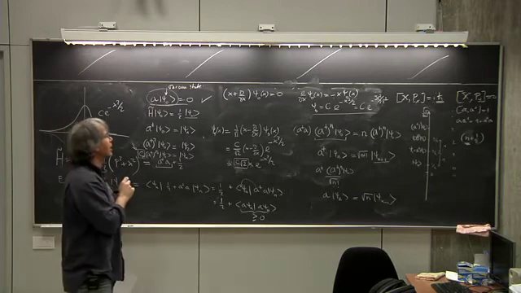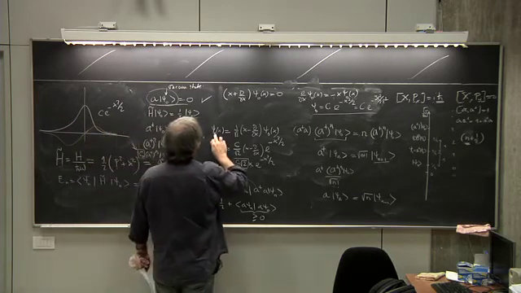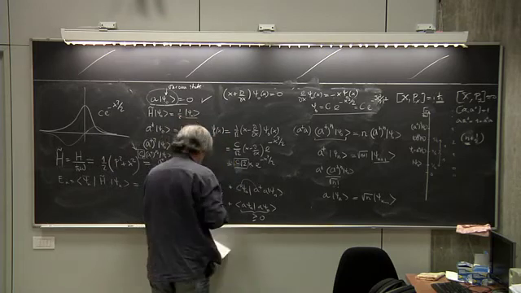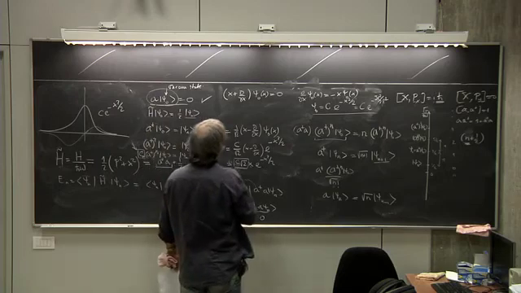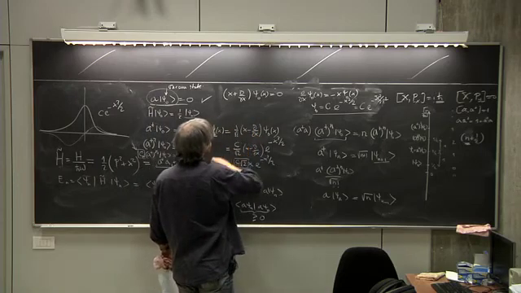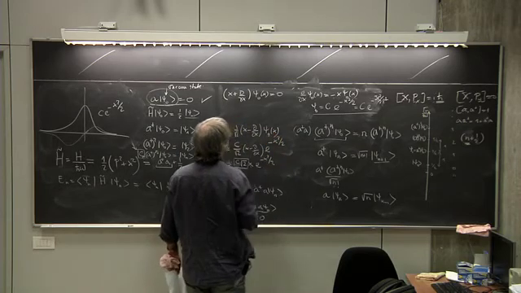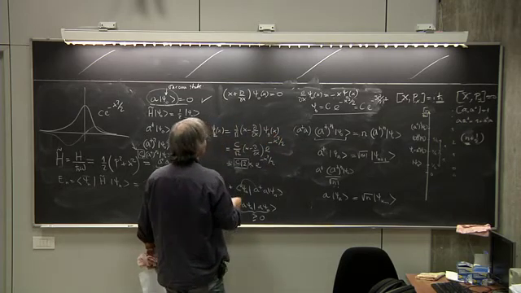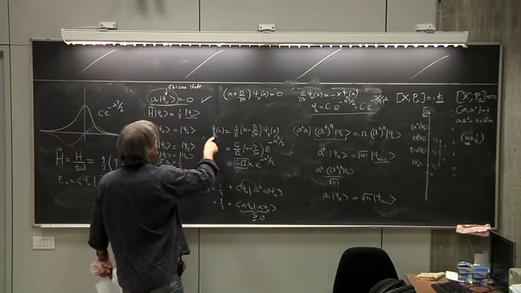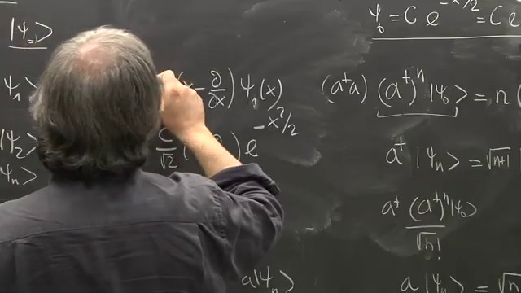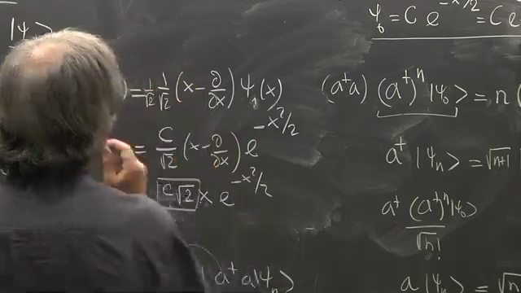Now, guess what? If I calculate psi 2, I have to have, again, the same A dagger applied to psi 1. Okay? Well, there is normalization, because remember, psi 2 has an extra 1 over square root of 2 factorial. Okay?